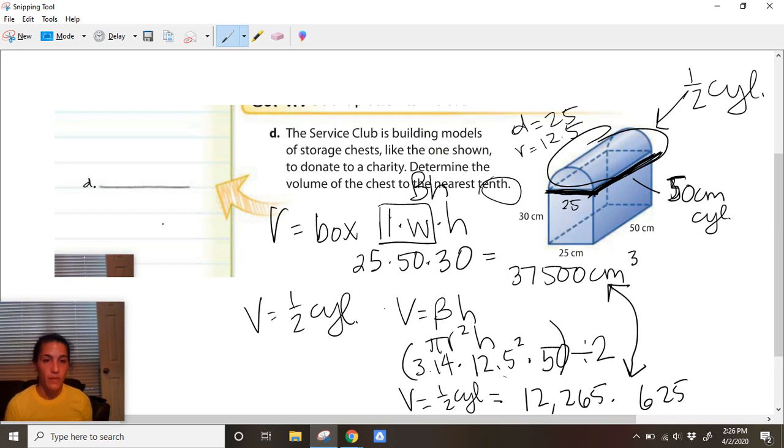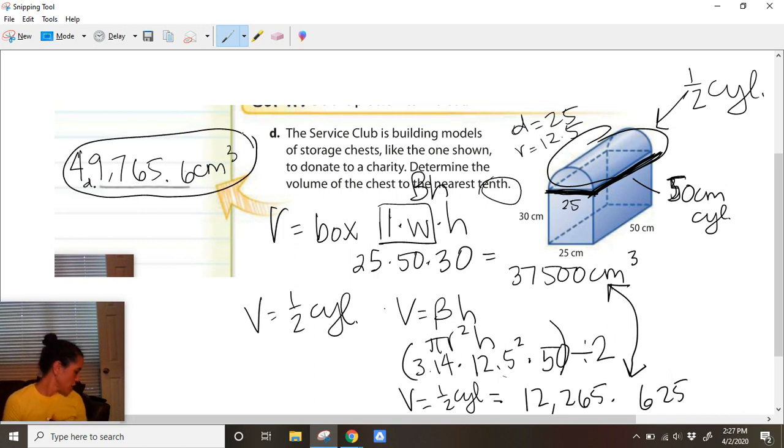Oh, big number. So my total volume is 49,765.6 centimeters cubed. That is my volume for this.